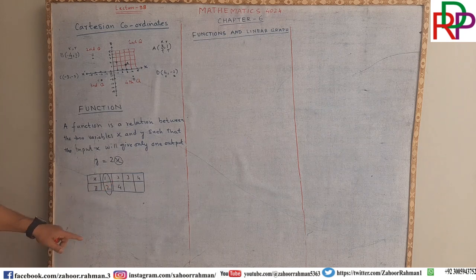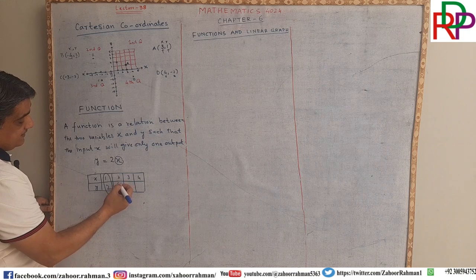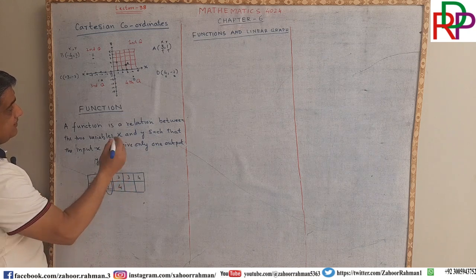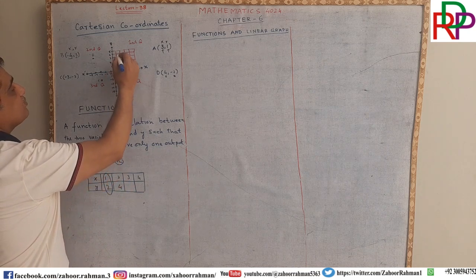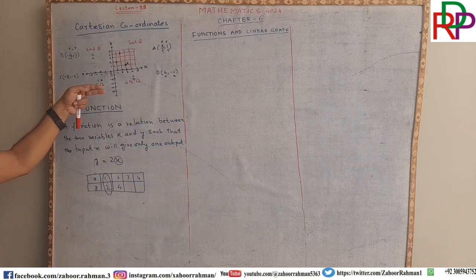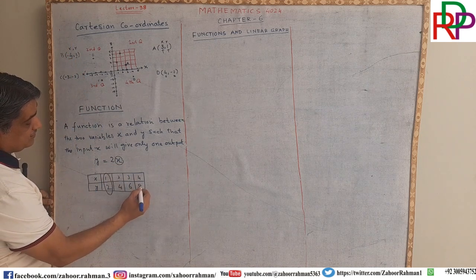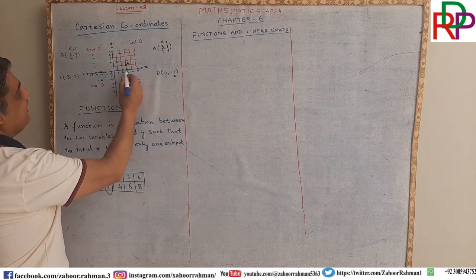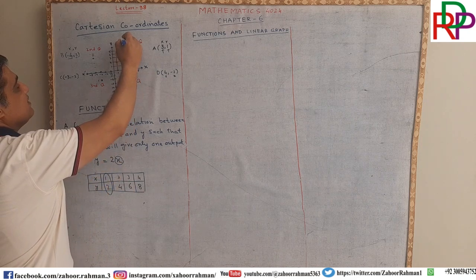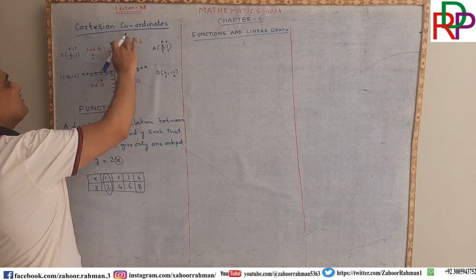The second pair of points is 2 and 4. So it will be here, 2 towards the right and 4 upward. Now 3 twos are 6, and 4 twos are 8. So 3 and 6 will be somewhere here. 5, 6, 7.